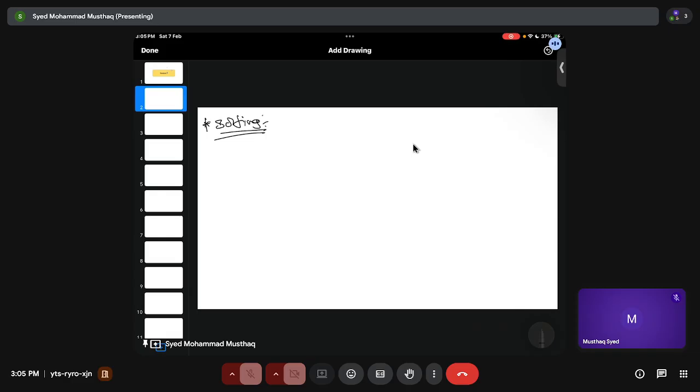Then we will discuss the calorific values of these fuels, depending upon the amount of energy they give per volume or per kilogram.